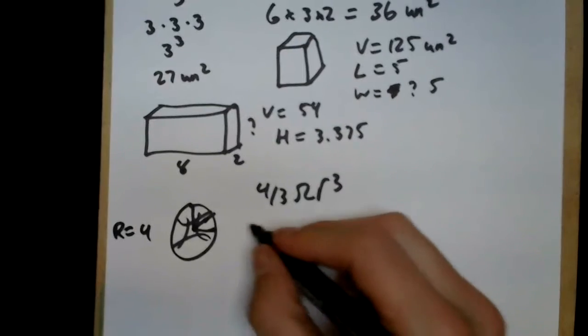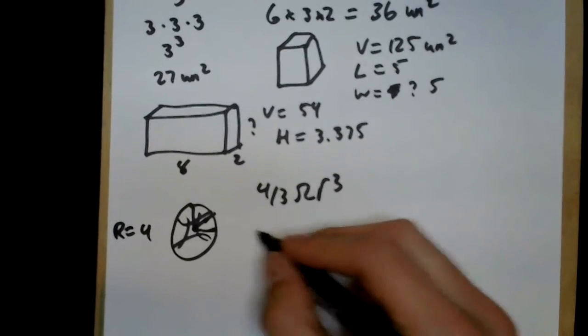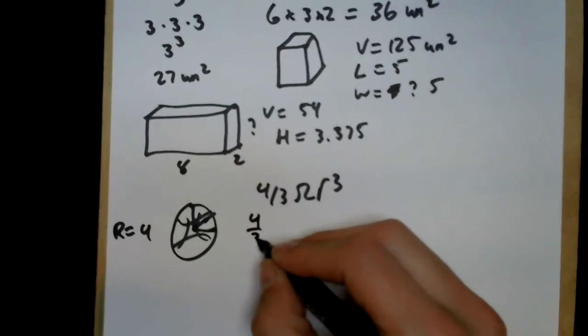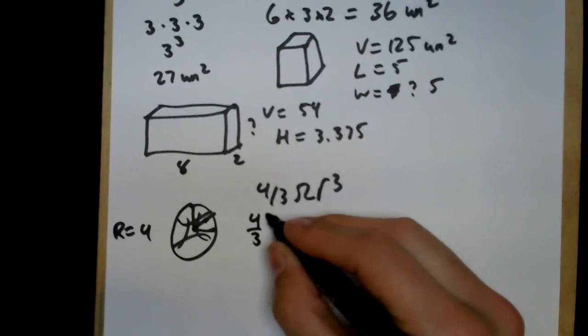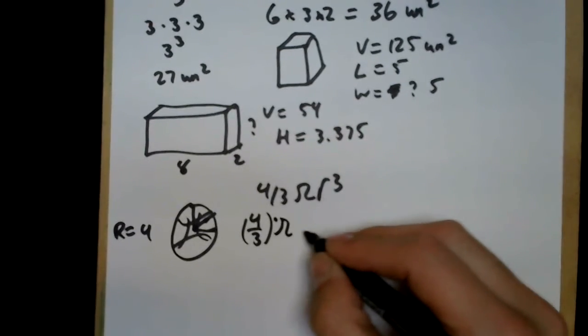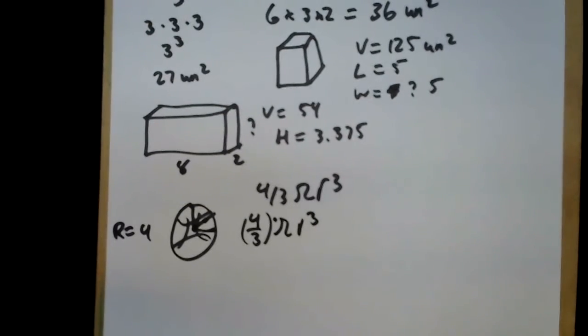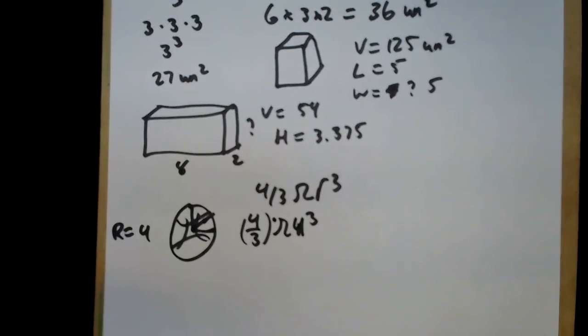So all you have to do is, what's the volume of that? You just plug in 4/3 times pi times radius cubed. Most times I'll keep it in terms of pi, so you don't have to multiply by pi. In this case, r is 4, so 4 cubed times 4/3.